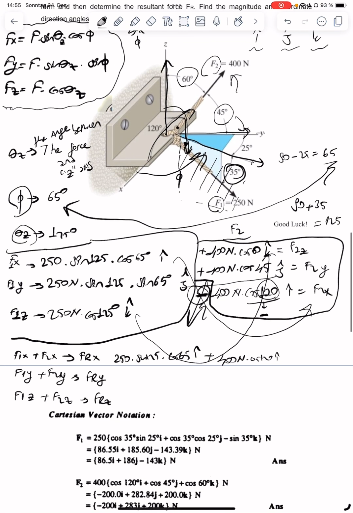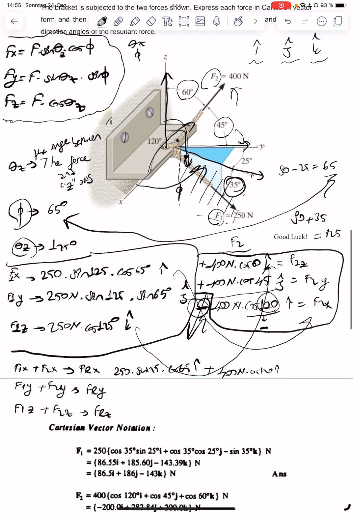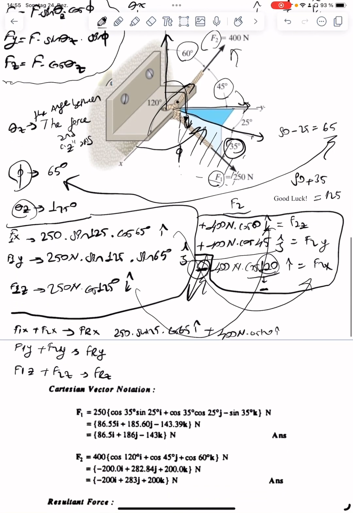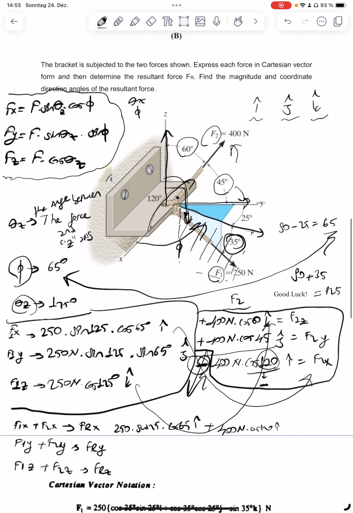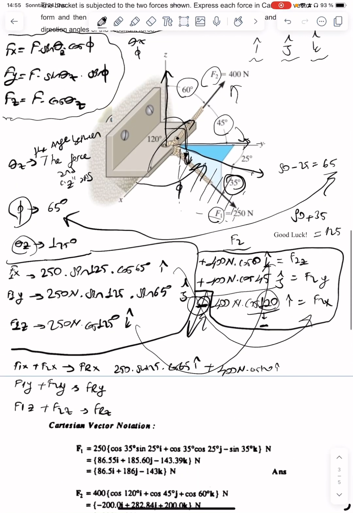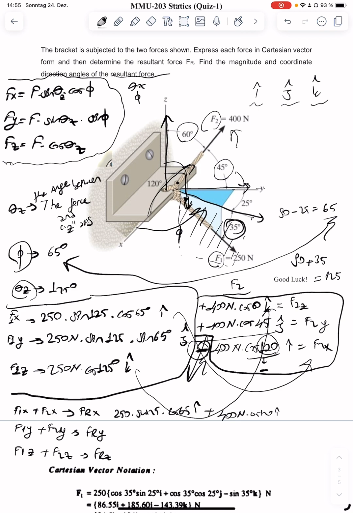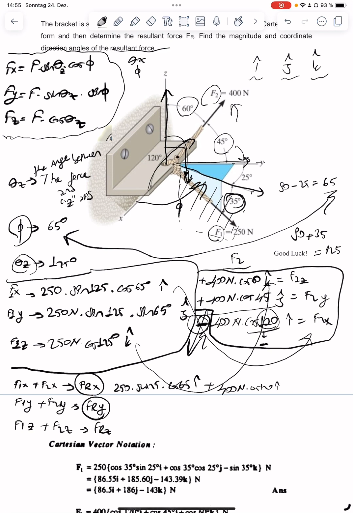And it is just about calculating, and I can show you the last of the question. Here we can find the equations: the resultant force in the x-axis, the resultant in the y-axis, and the resultant in the z-axis.